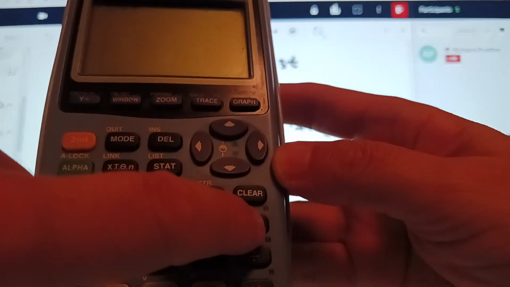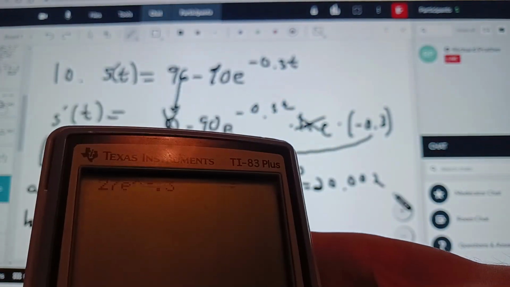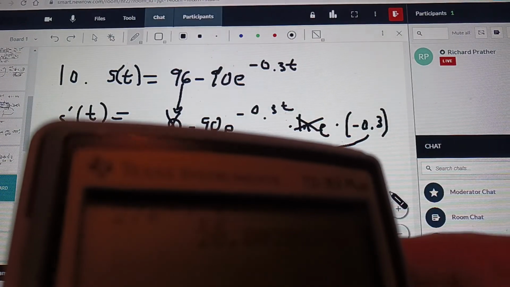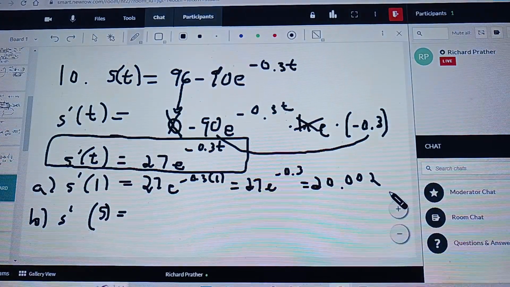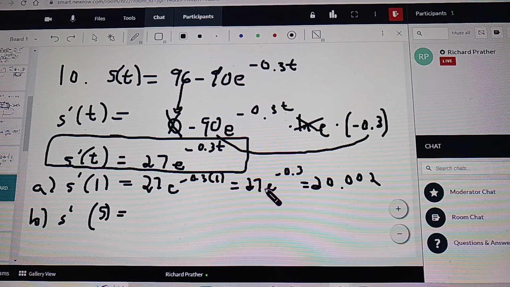That's for exponents, raised to the negative 0.3. This one I just type it in order, and I got the same answer, 20.002. In the other calculator, I actually had to type E first, then raise to the 0.3, then hit the negative button, then multiply by 27. Almost doing it completely backwards. 20.002.